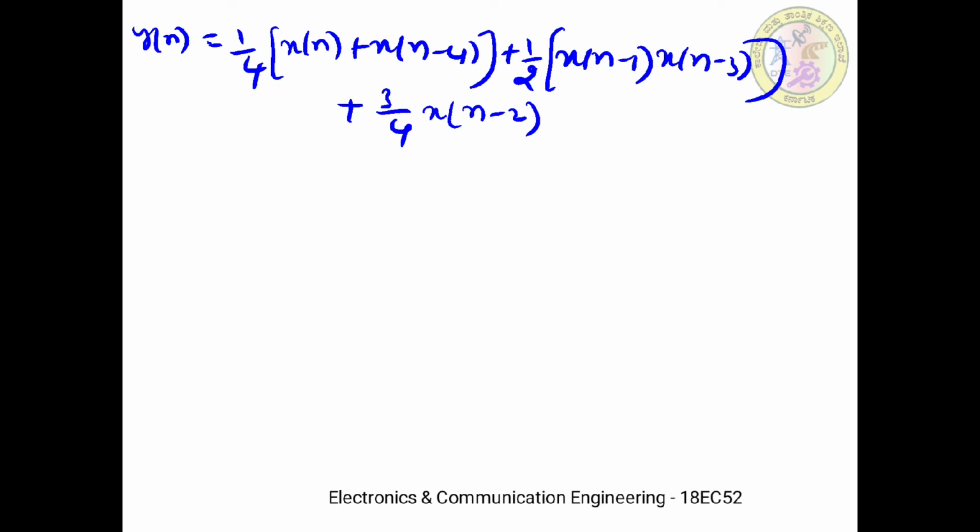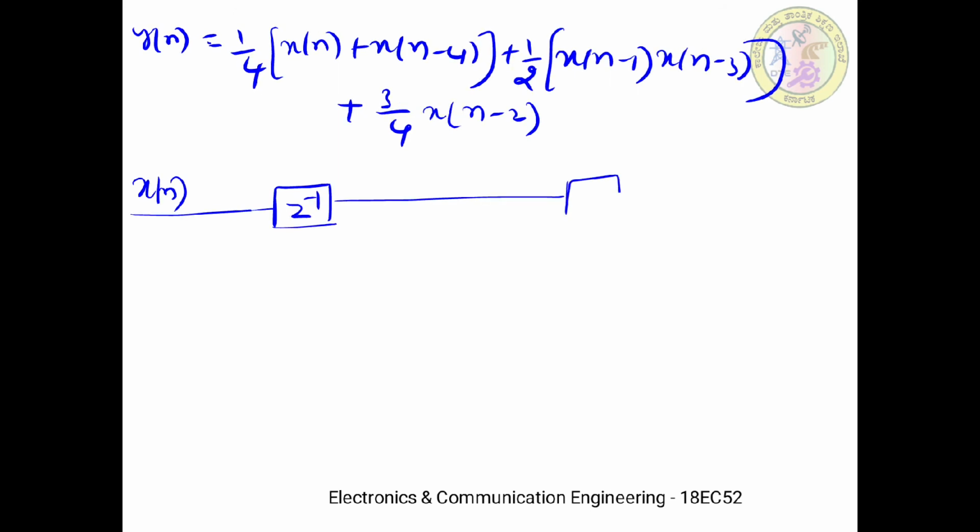Now let us draw this x of n first on the leftmost side. Now this x of n has to yield n minus 1, n minus 2, n minus 3, n minus 4. So we need 4 delay elements. This is Z inverse, Z inverse. Wherever we have this Z inverse, here I am getting x of n minus 1. The same x of n minus 1 passes through another delay element, it gives x of n minus 2.